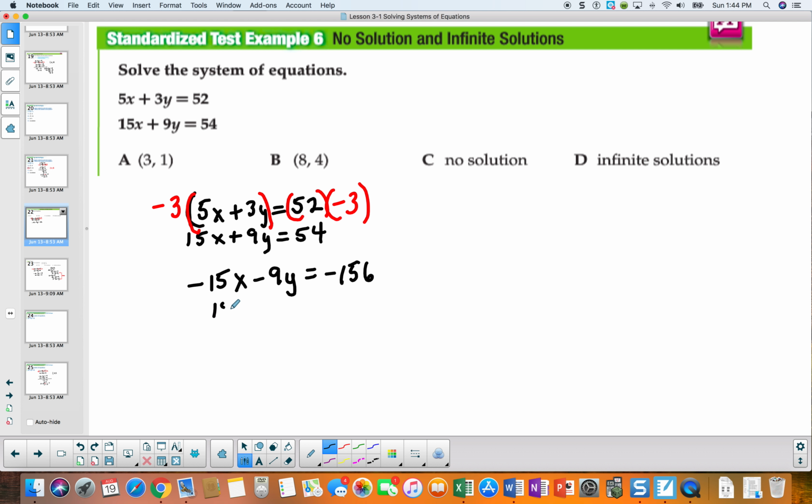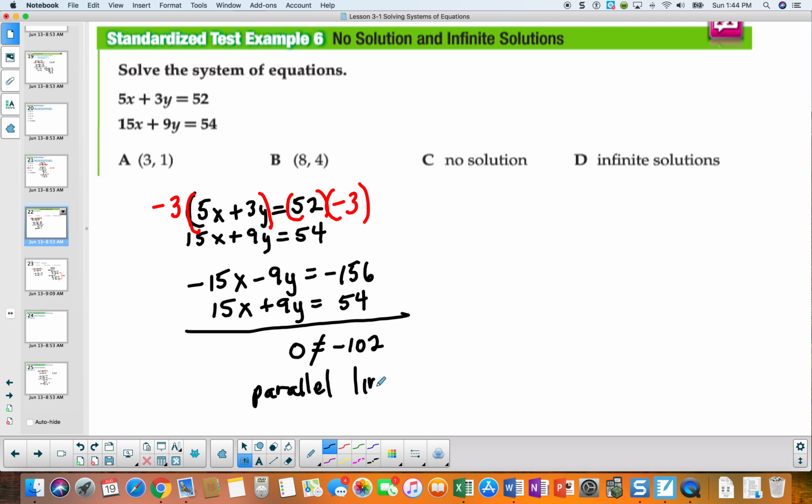And then I have 15x plus 9y is equal to 54. Okay, so I have opposite variables, 0 is equal to, and this will be negative 102, which does not make sense. So if my result doesn't make sense, it means I must have had parallel lines. And parallel lines are what we call no solution.